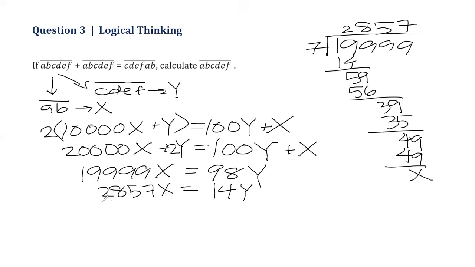So this means that 2,857 and 14 have no common factor that is not 1. You can also call them co-prime numbers.